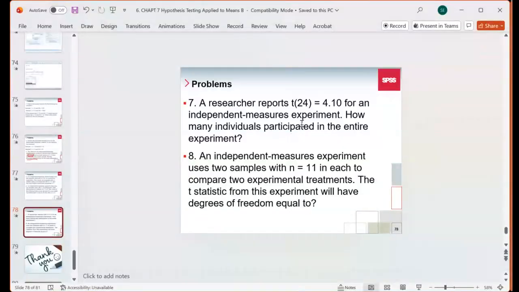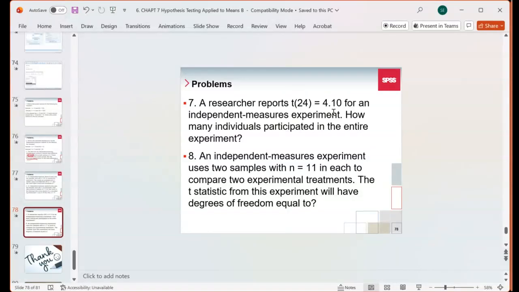And then this one, the researcher reports t(24) = 4.10. It's customary to write the df in this format. So that's the degrees of freedom for this test, and 4.10 is the calculated t. So degrees of freedom is 24. What does that mean? It means your n is 26, because df plus 2 is n, 26 people for an independent measure design.